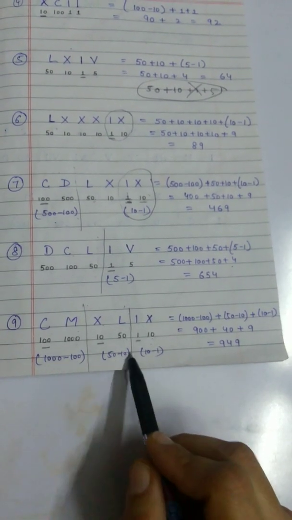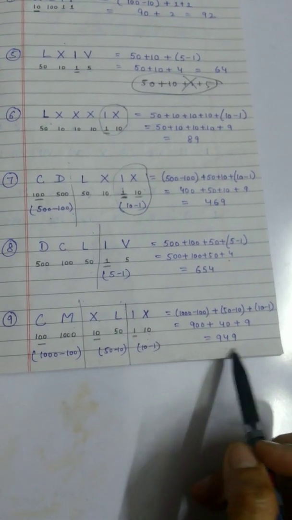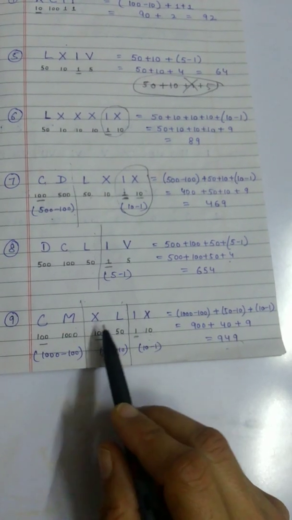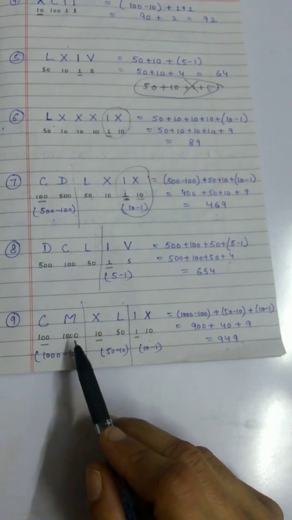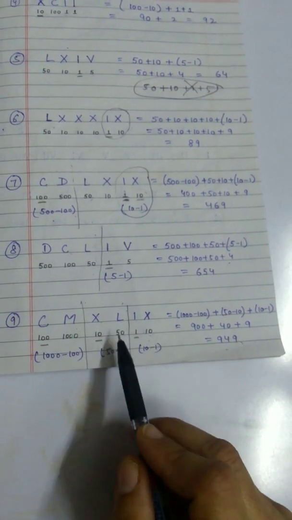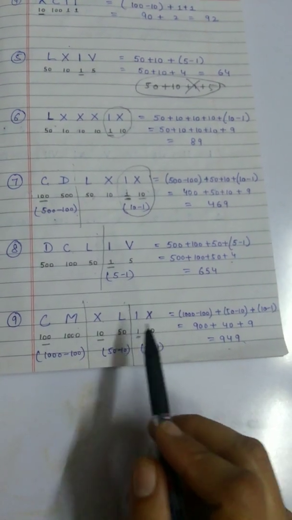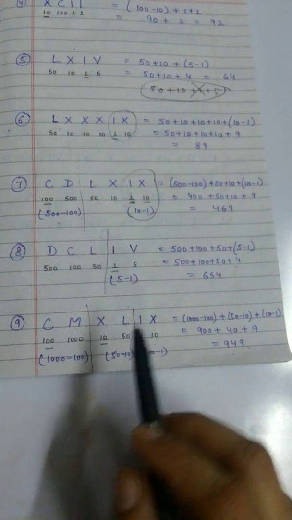So let's solve these separately and then we will add to find out the number. Why we'll add, children? Why will this value be added? Because this is lesser than this and this is lesser than this. So whenever I have a smaller symbol on my right side, the values will be added.